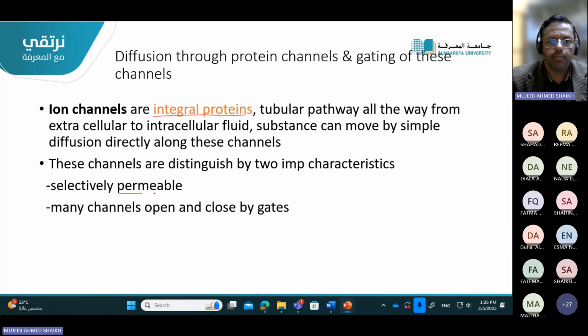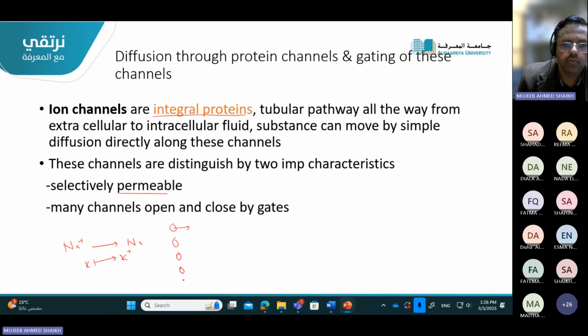They are selectively permeable, meaning the sodium channel will transport only sodium, and the potassium channel will transport only potassium. So they are selective, specific for one chemical. And it's not only one channel that opens at one time. So many sodium channels can open at one time and cause movement of the ions. So these are the peculiarities of these protein channels.